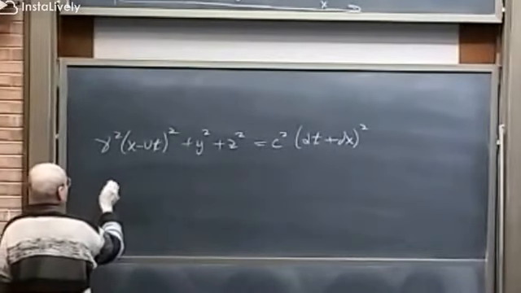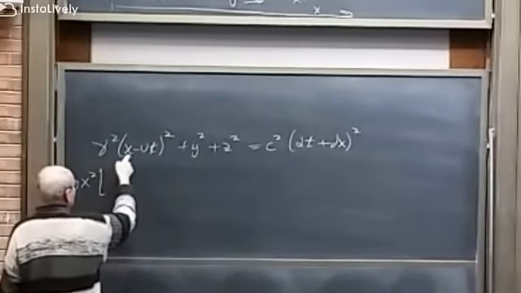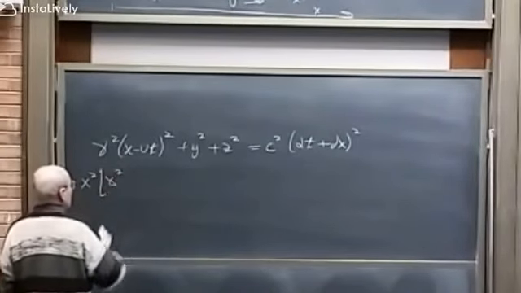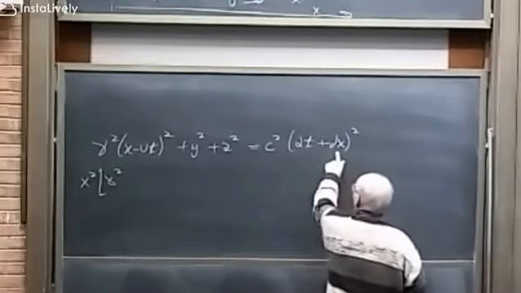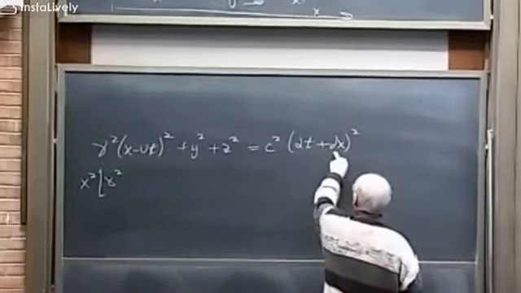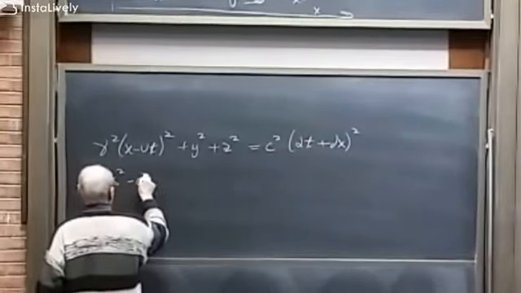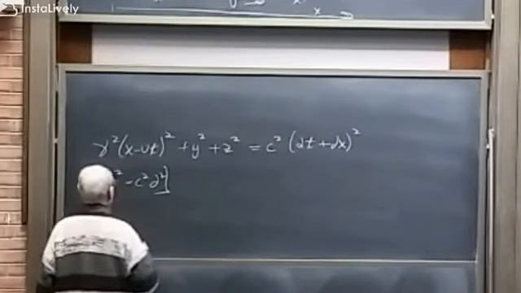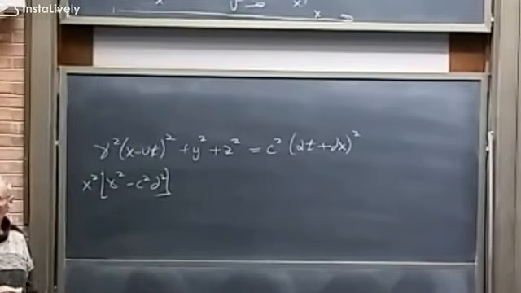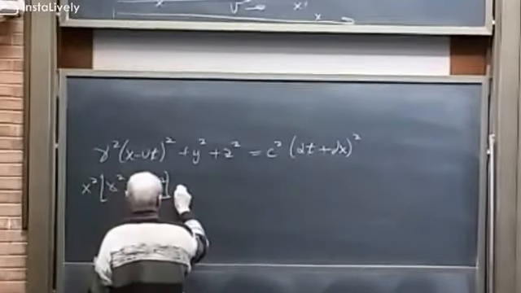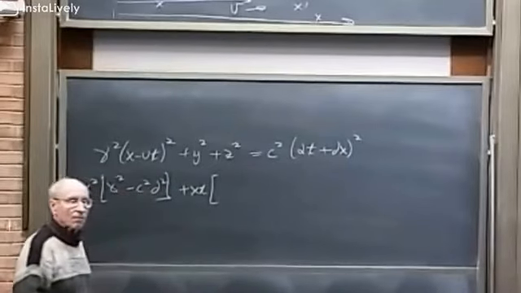Okay, now let's collect the x terms. We have x squared times gamma squared. Nothing there, but here we'll have c squared delta squared. Bring it onto this side of the equation, and we get minus c squared delta squared. So that's the x squared terms. Then there will be xt terms.